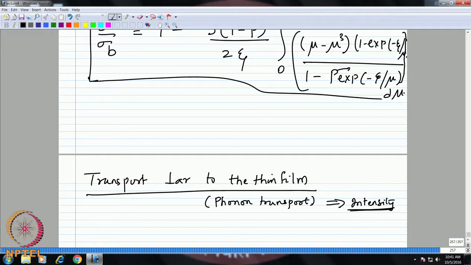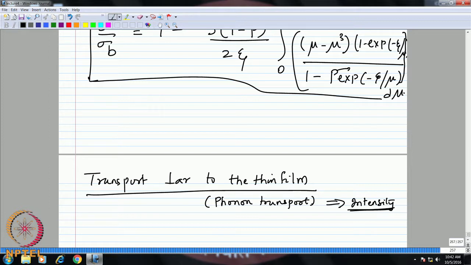So, you will be solving in terms of intensity rather than distribution function, it is just a small modification, nothing more. Intensity is much easier because you can directly get the expression for temperature from intensity, similar to radiation. In radiation also you define the total intensity from which you directly extract your temperature. Similarly, in phonon transport we are interested in finally plotting the temperature distribution.